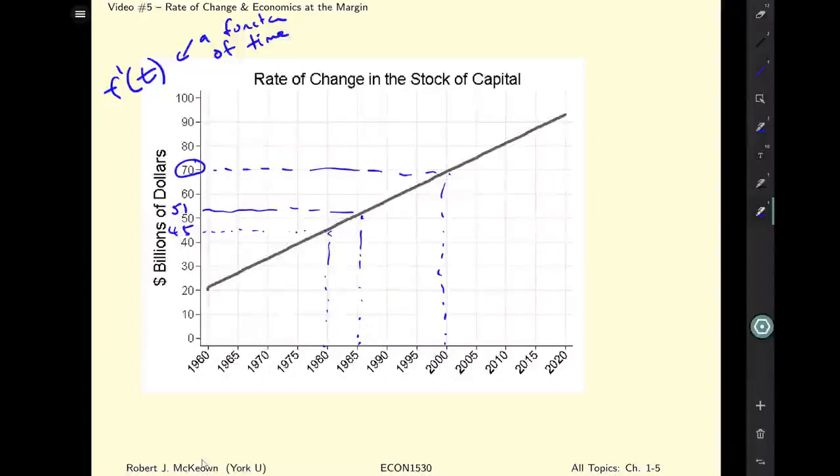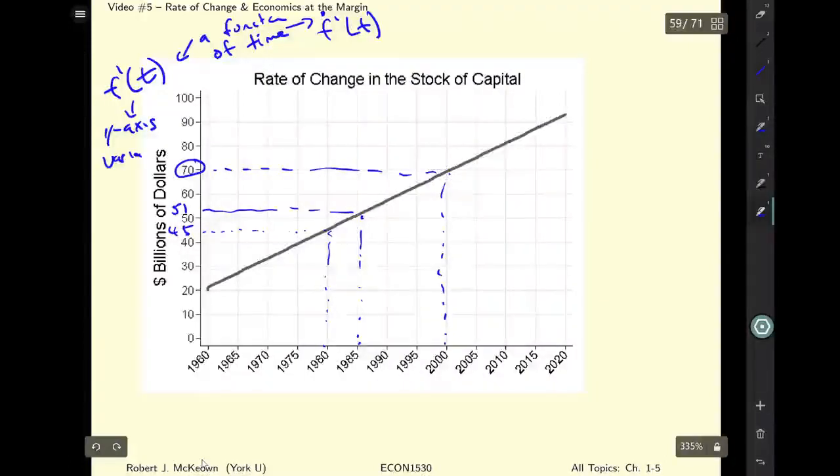We could also write it with a dot above it to signify that it's a function of time. That is our y-axis variable.